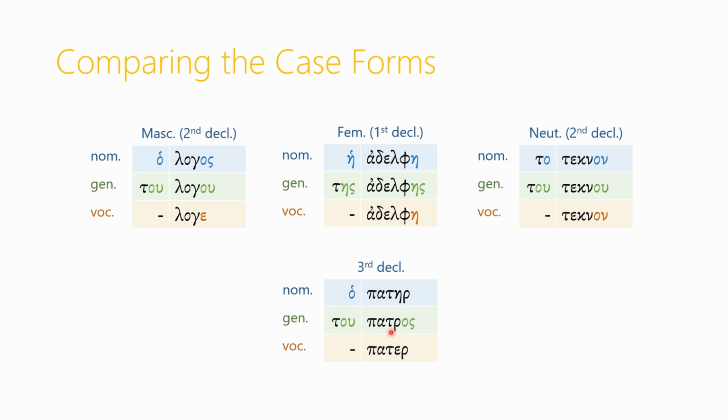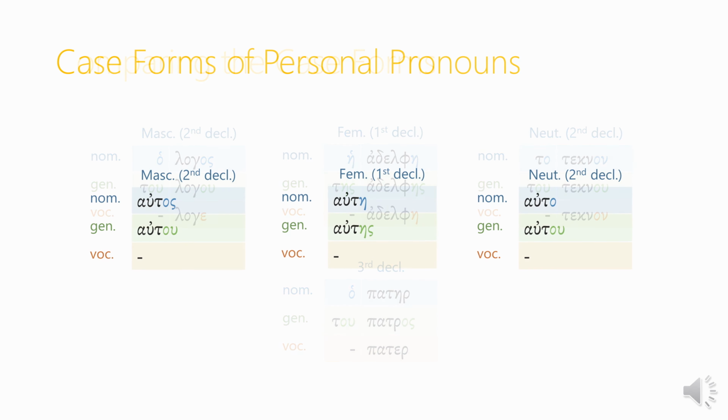Tou patros, with some stem change, and then the os ending. And the vocative, again, we said, is the stem of the noun by itself, pater. And again, once we learn a little bit more about third declension noun stems and how they change, this form, pater, will make a little bit more sense.